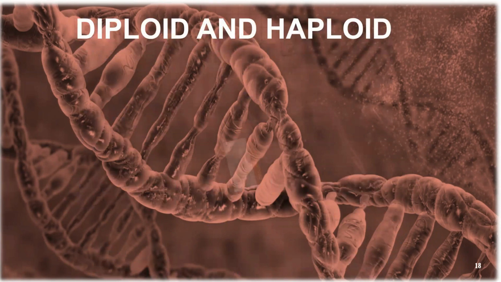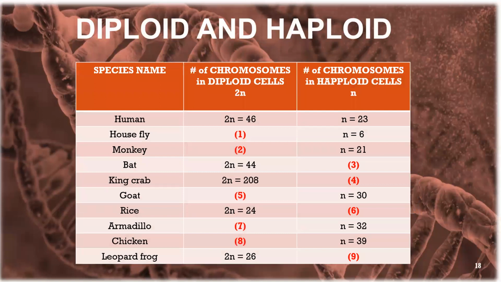Diploid and haploid. Column 1, column 2, and column 3. In column 1, you have the species name. Column 2, the number of chromosomes in diploid cells, 2n. And column 3, the number of chromosomes in haploid cells.